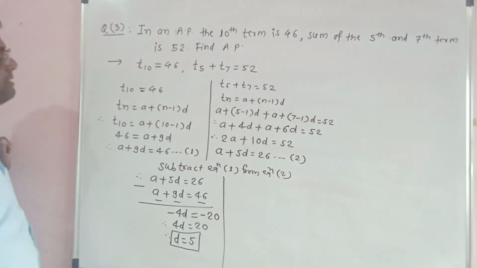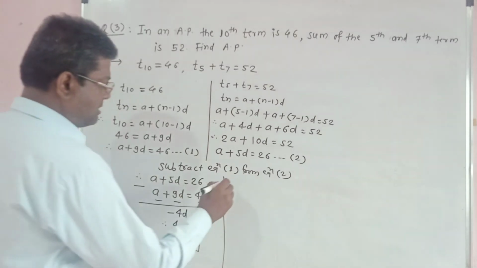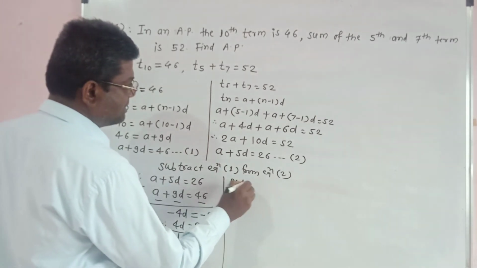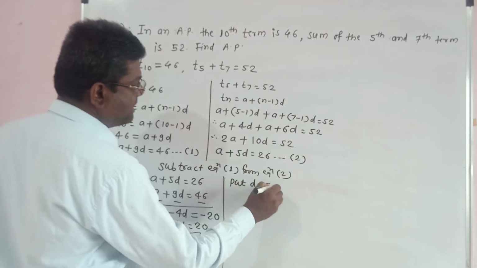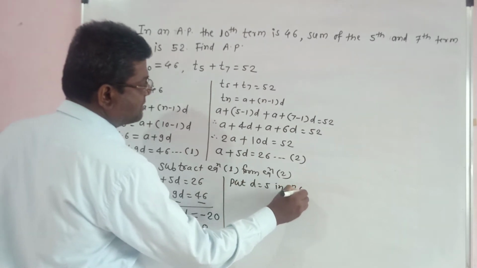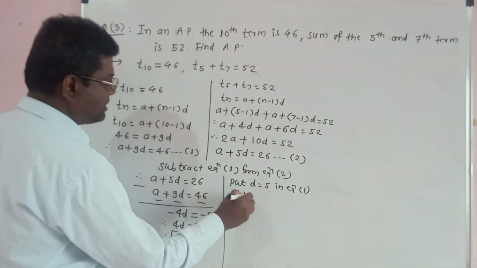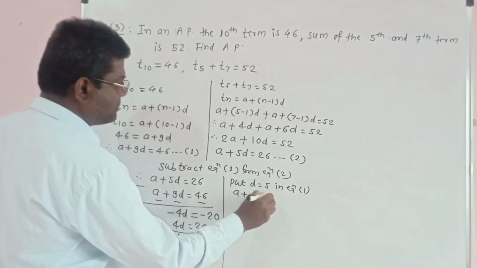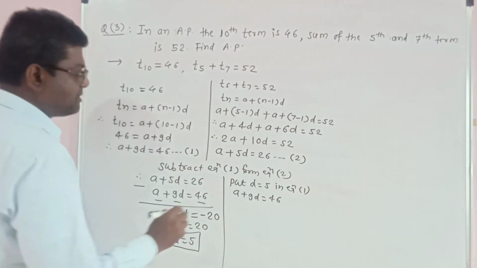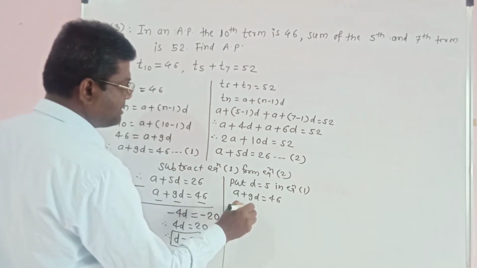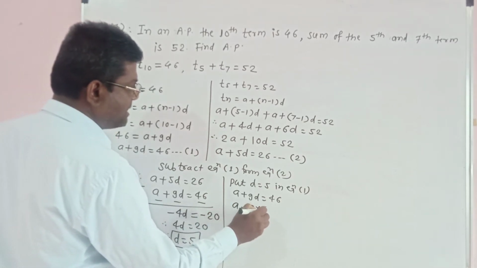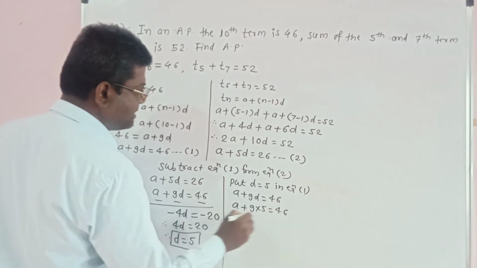Now let's find the value of a. Put d is equal to 5 in equation 1, and equation 1 is a plus 9d is equal to 46. So a plus 9 into 5 is equal to 46.